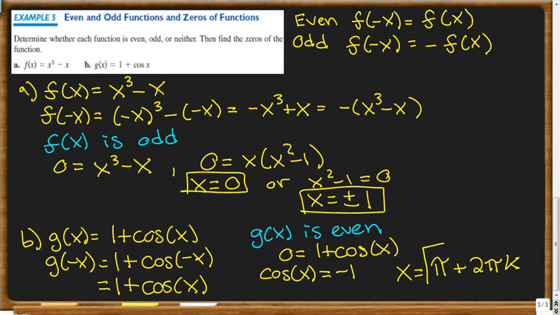So it happens at our angle pi, and every 2 pi from that, where k is an integer. Most of the time they will give you some sort of window. This one they haven't, so we need to answer in this way to cover our bases.